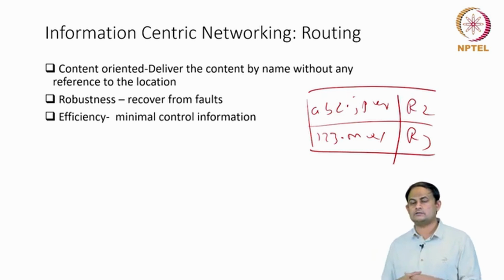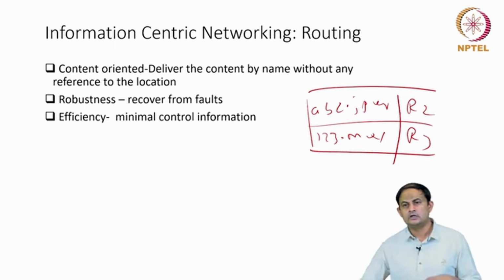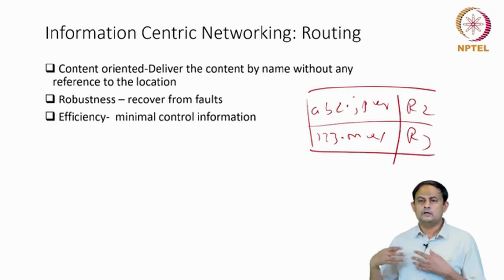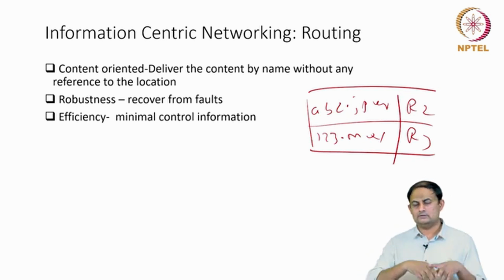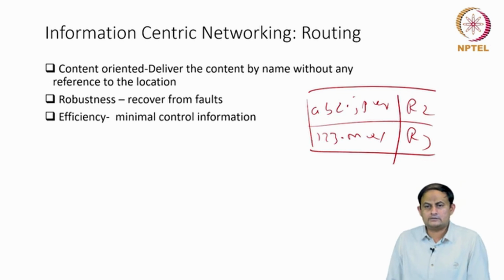Sustain faults in the sense that what if some of the routers fail in the network? Can the remaining routers come together and build the updated routing tables, and can the routers learn the loss of information in the network and stuff like that?